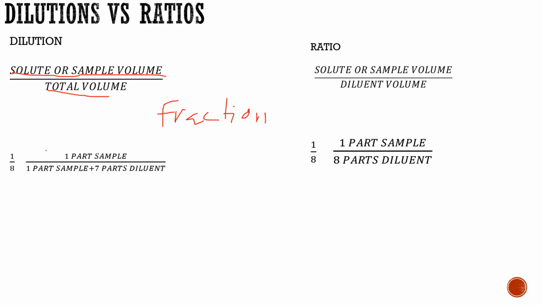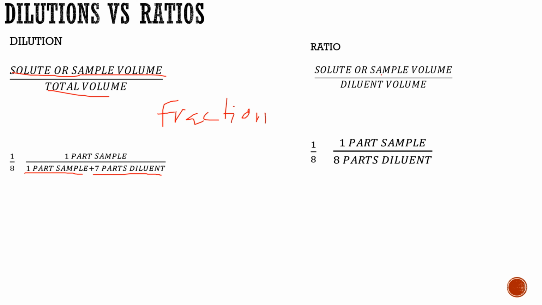So when you interpret it, the numerator is 1 part sample. The denominator in this case is the total volume, which is 8. The total volume is composed of sample and diluent, or solute and diluent. In this case, 1 part sample and 7 parts diluent.